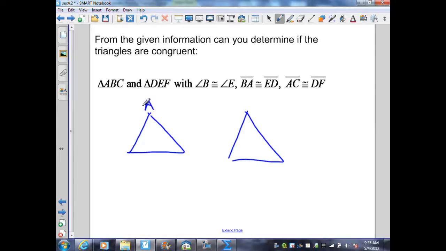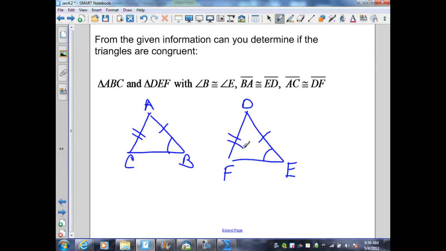A, B, C, D, E, F. I know angle B is congruent to angle E. I know segment BA is congruent to segment ED. And I know segment AC is congruent to segment DF.